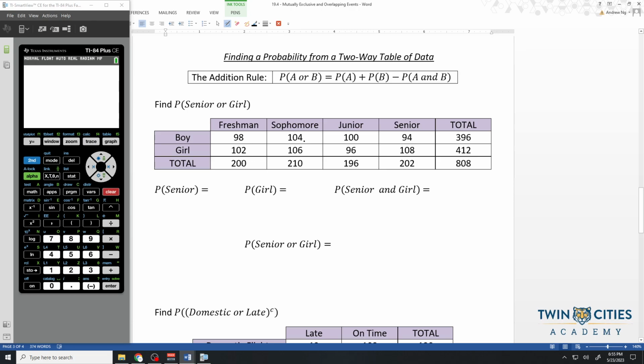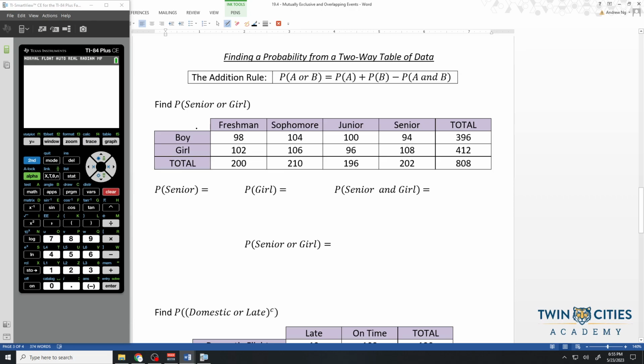For sophomores, I've got 104 that are boys, 106 that are girls, so there are 210 10th graders. For juniors, I've got 100 boys and 96 girls. That's 196 juniors in total. And for seniors, 94 and 108 boys and girls, respectively. So that's 202 in total.